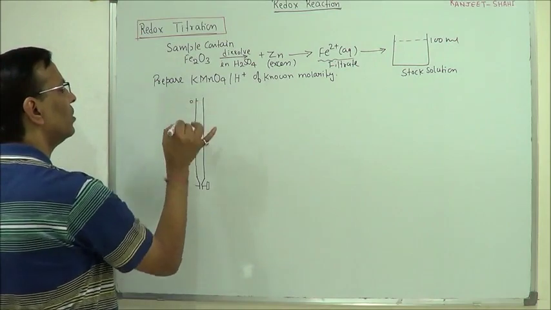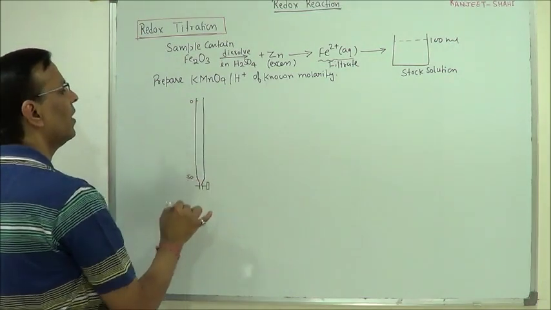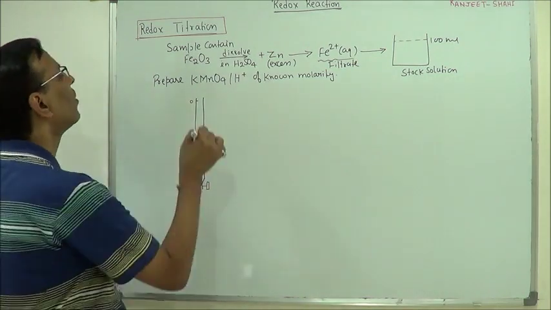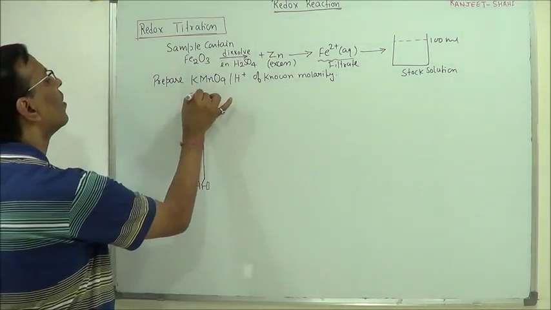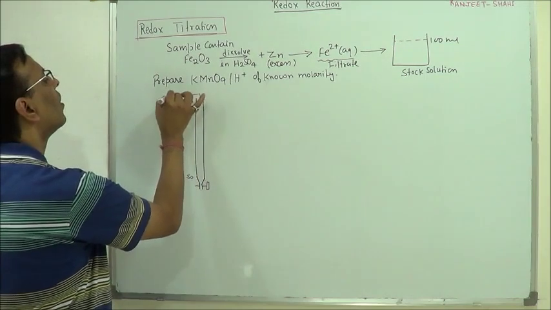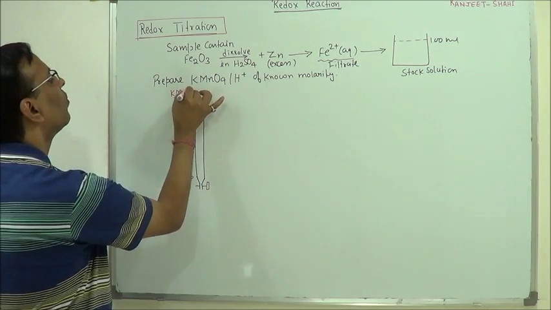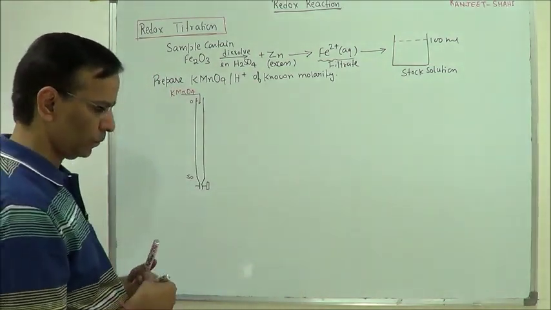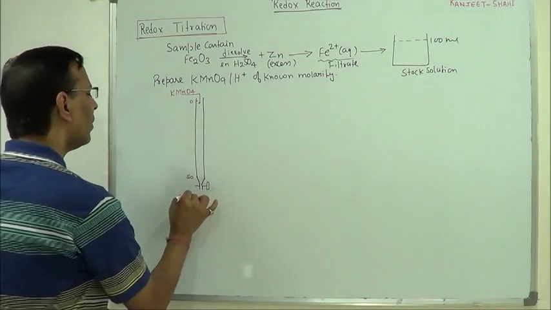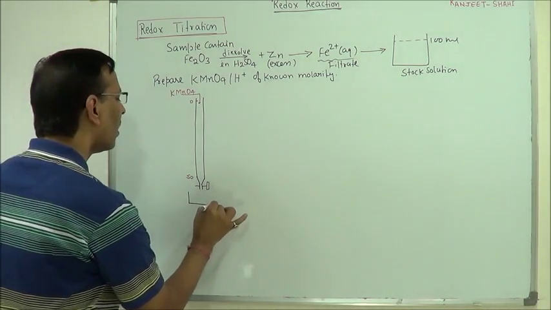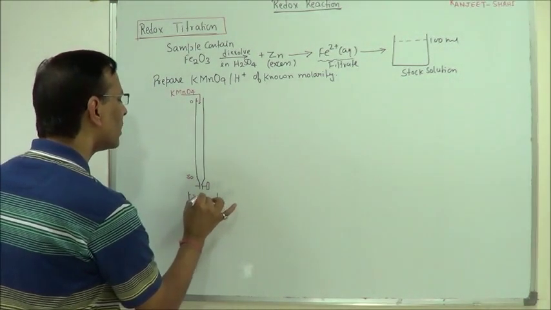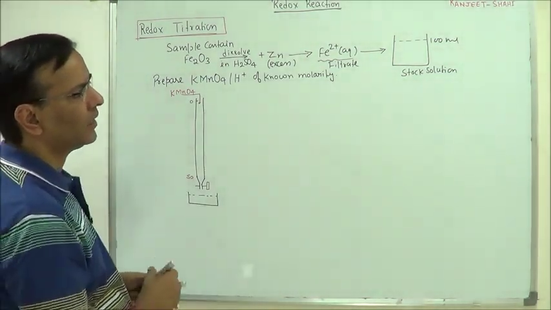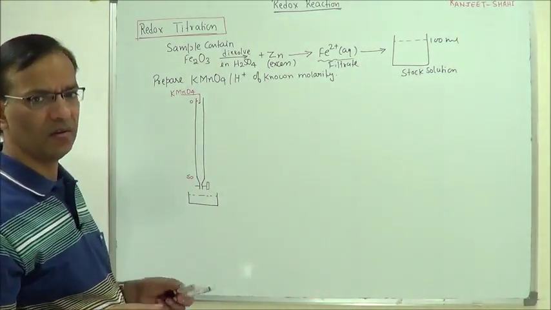So starting from 0 to say 50 ml, we have taken a burette. We fill this burette with potassium permanganate which we have prepared, and then we take a small portion of that stock solution to be analyzed.